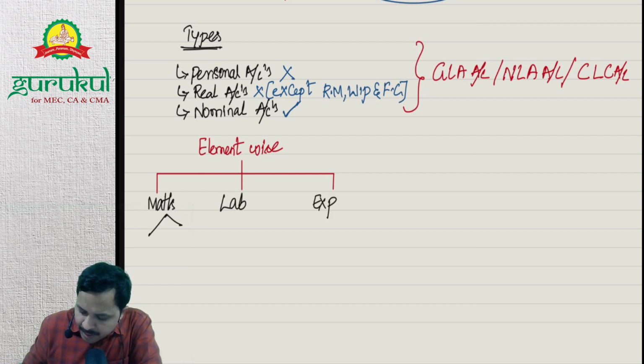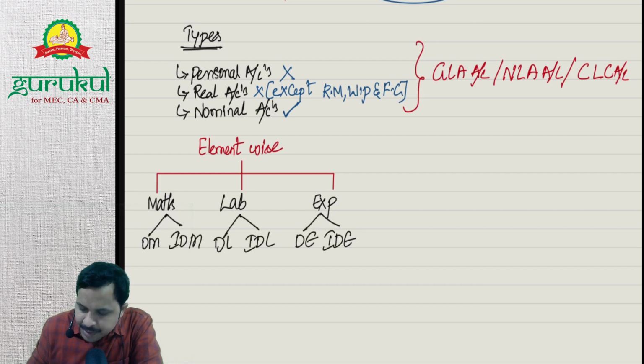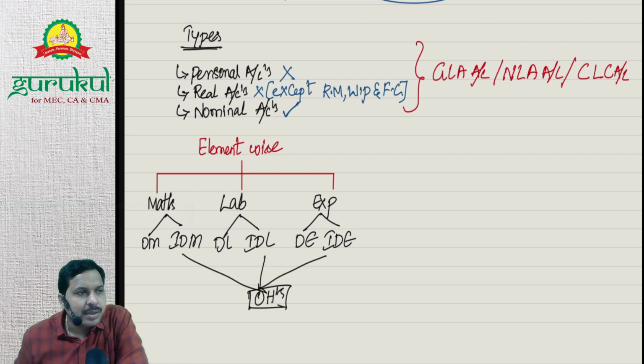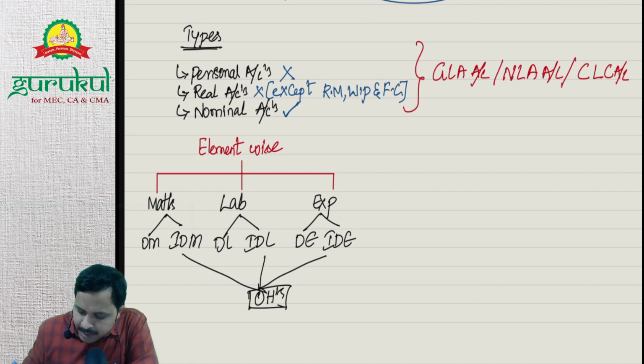These materials we have further classified into direct material and indirect material, direct labor and indirect labor, direct expenses and indirect expenses. All indirect cost put together, we call it overheads. Other name for indirect cost is overhead. These overheads we have further classified into three types: factory overhead, administration overhead, selling and distribution overhead.